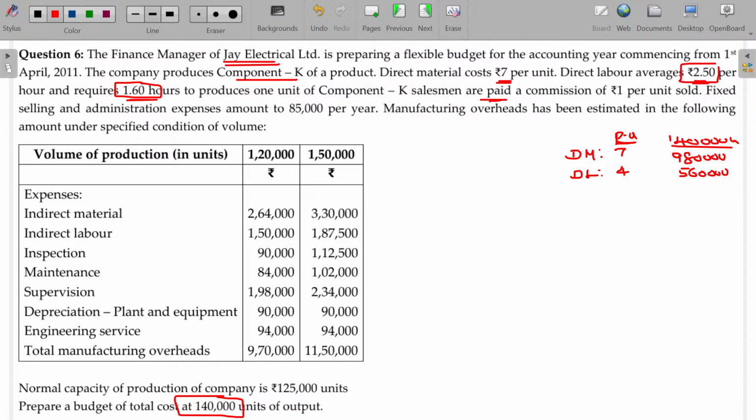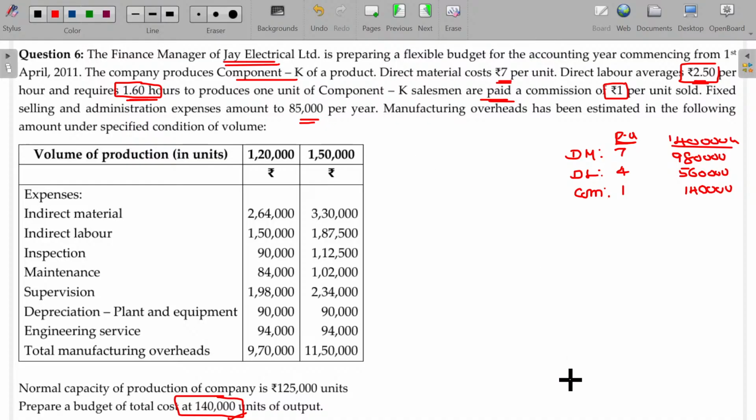Salesmen are paid a commission of rupees 1 per unit sold. Sales commission, 1 rupee per unit sold. So we assume the production is equal to the sales, no stock. So 1,40,000 units sold, then 1,40,000 rupees. Fixed selling and administration expenses amounting to rupees 85,000 per year.